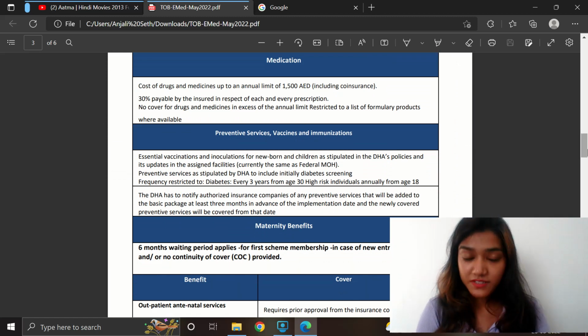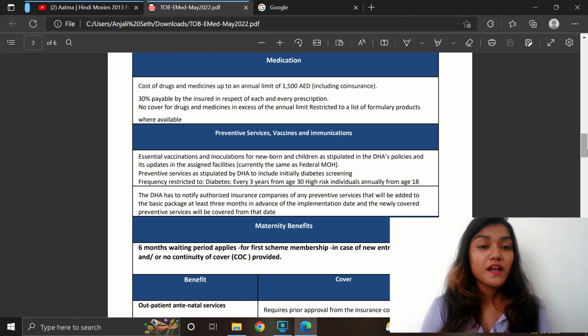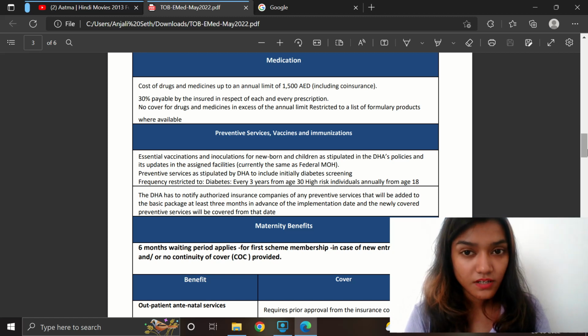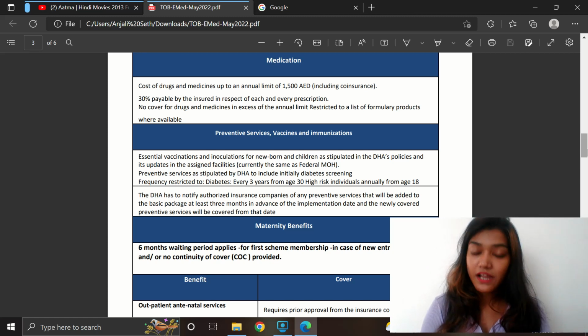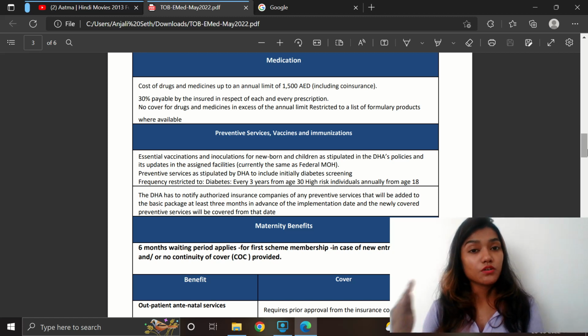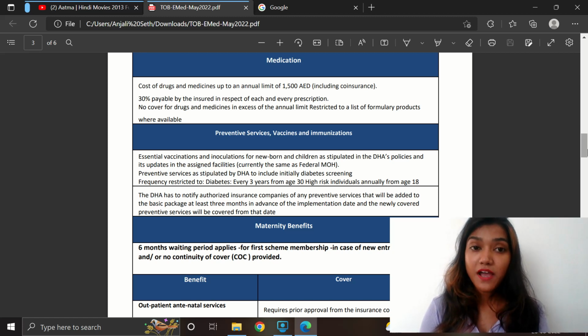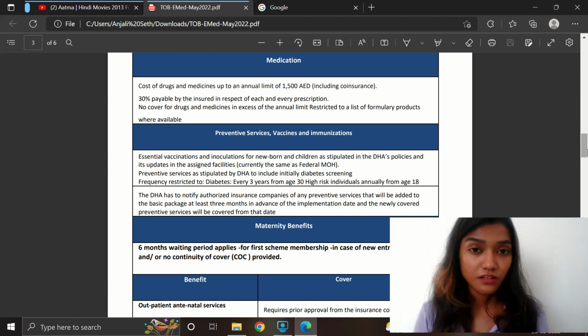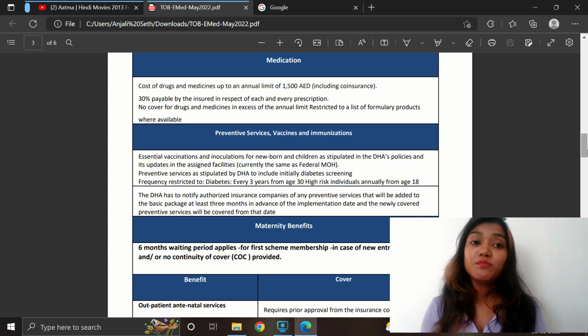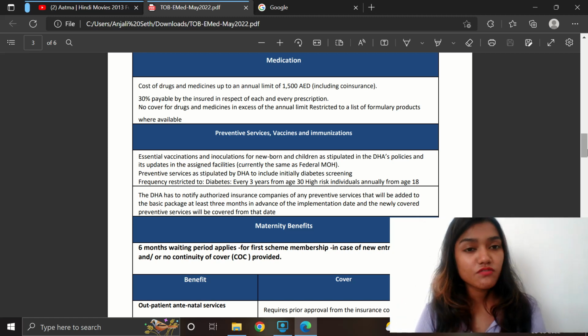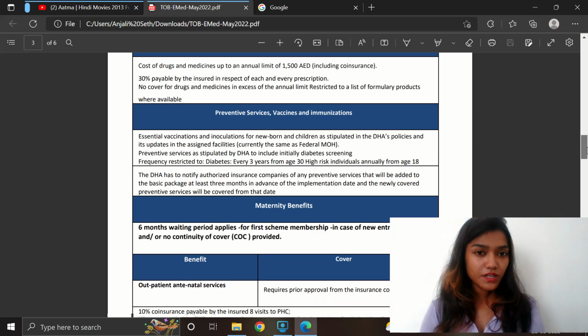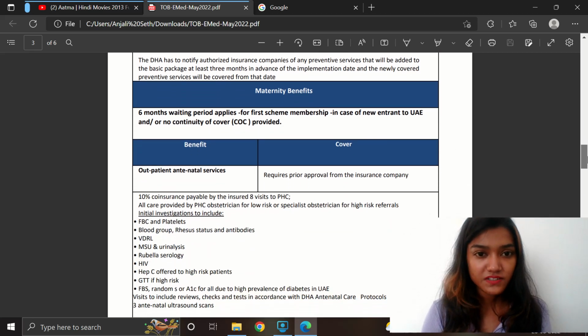When you are going to buy medicine referred by your consultation doctor or your general physician, the medicine limit will be 1500 dirhams with co-payment, which means you can buy medicine up to 1500 dirhams, but 30% will be co-payable, meaning 30% will be paid by you. Okay. Then vaccines and immunization, everything will be provided by the company.